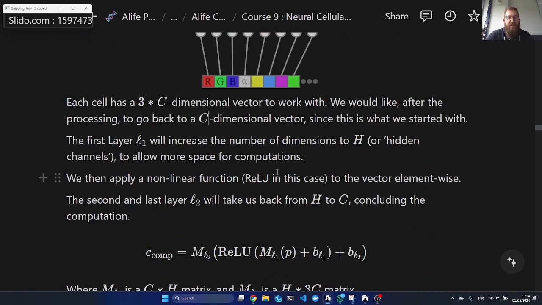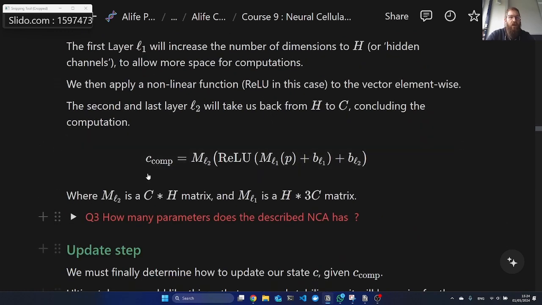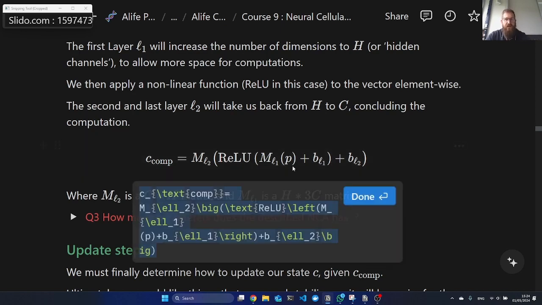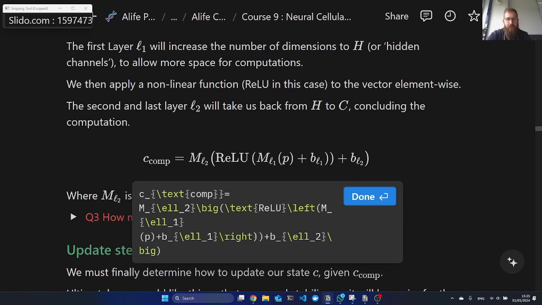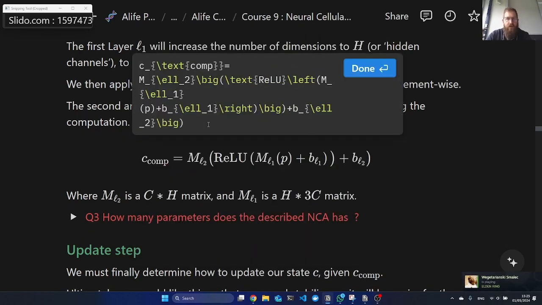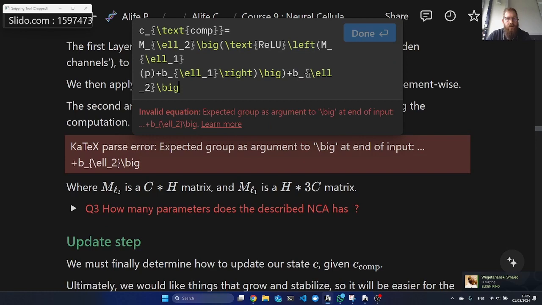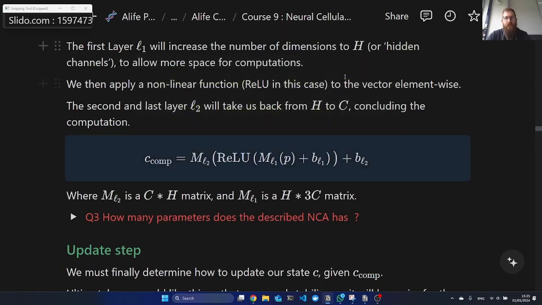And so we can summarize this picture in this very simple equation. The output of the computation is just a matrix applied to the perception vector plus a bias. Then you apply ReLU on this, and then you apply another matrix plus another bias. There is just a little bug in the parentheses here. So, just matrix plus bias, nonlinearity, matrix plus bias.